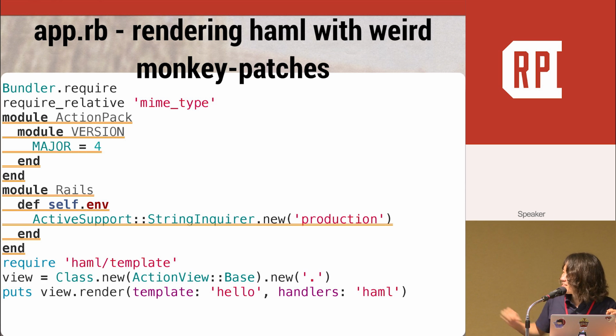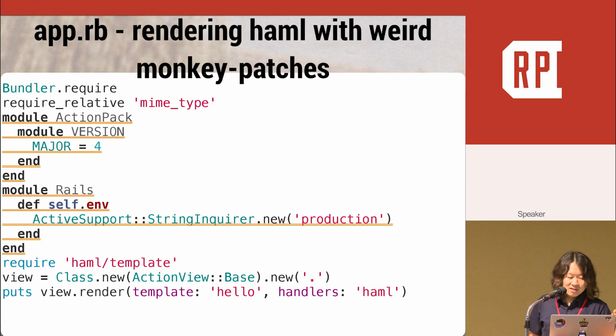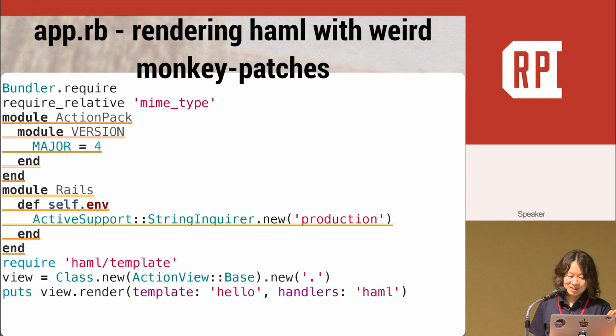Anyway, this tiny code still works, and this prints out hello Haml that I wrote here, right? Sorry, I didn't explain the Haml implementation, but it's similar.